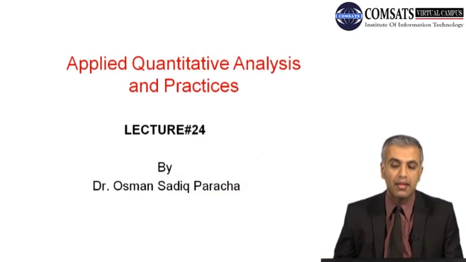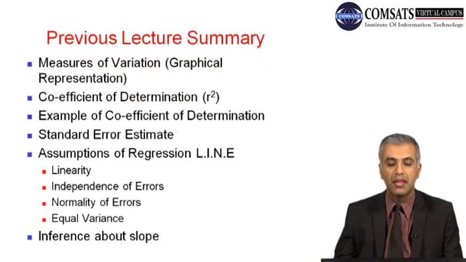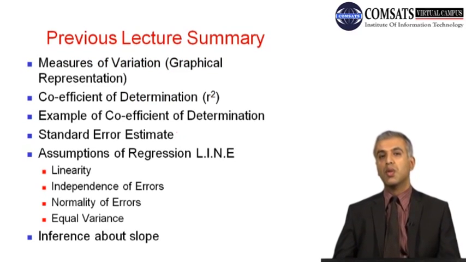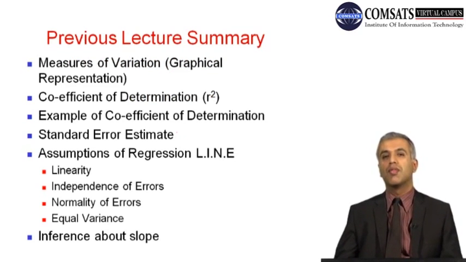Previously, we had a discussion about regression and its main concept, and continuing that, we went on to discuss the measures of variation, which form the foundation of the regression concept.